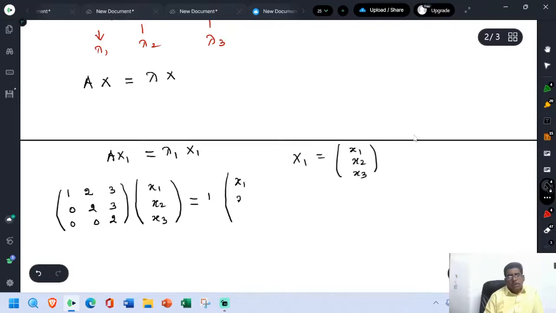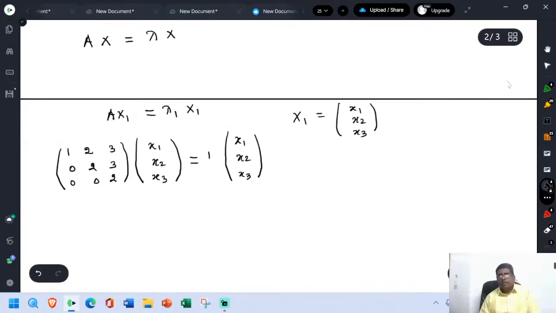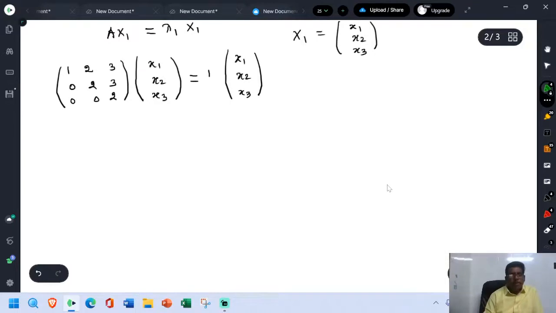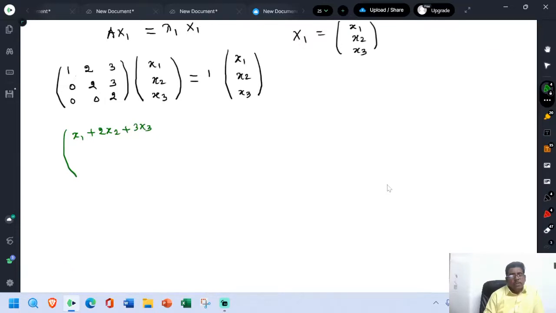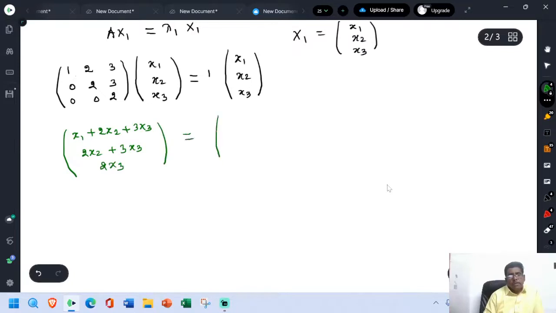Once again x1, x2, x3. Now multiply, we get x1 plus 2x2 plus 3x3, then 0 into x1 plus 2 into x2 plus 3 into x3, then 0 into x1 plus 0 into x2 plus 2 into x3, which is equal to x1, x2, x3.